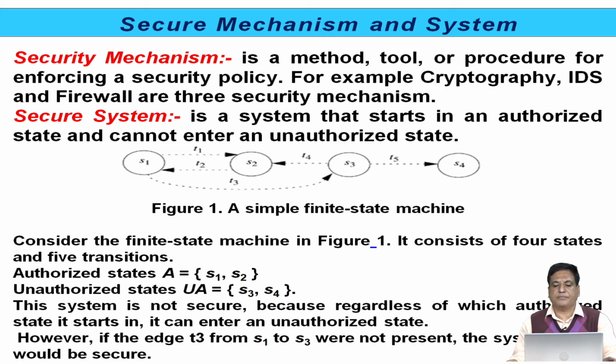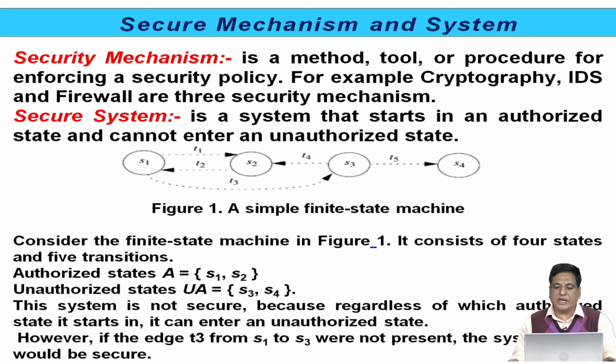Secure system is a system that starts in an authorized state and cannot enter into the unauthorized states. Here we have a system in which we have the 4 states S1, S2, S3 and S4.